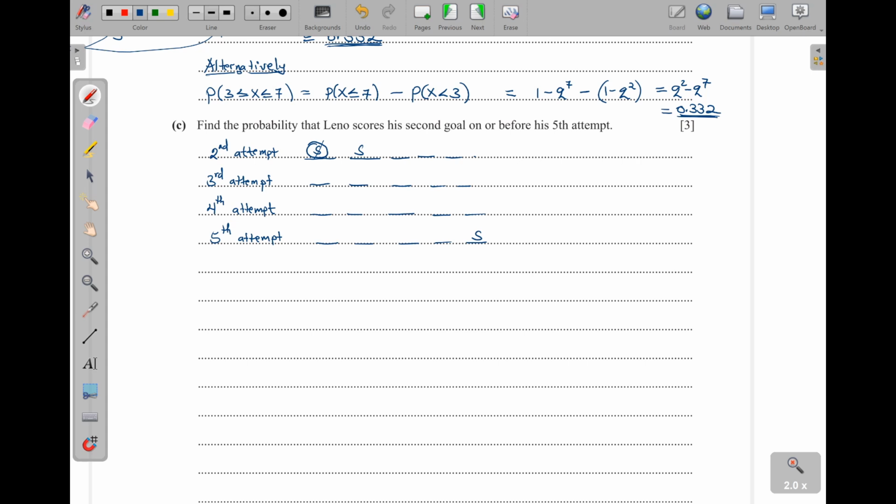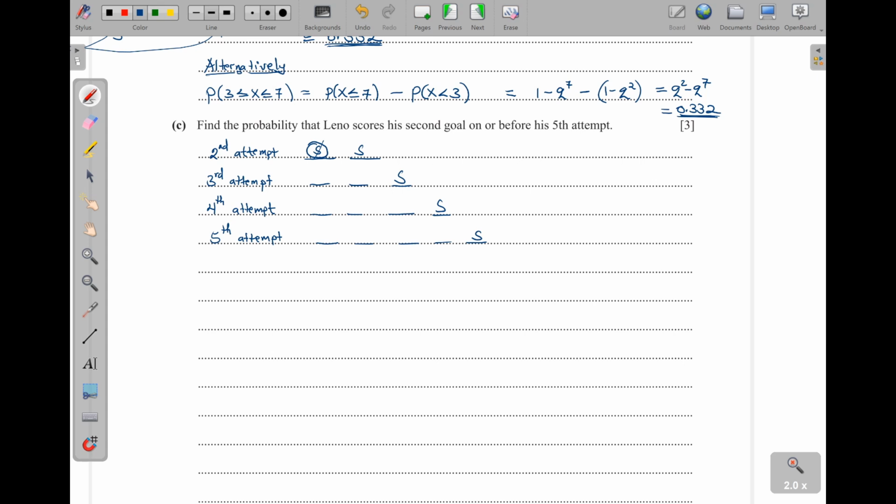So scored here, scored here, scored here. In fact, let me remove these ones because this is a geometric. When they score the second goal in the attempt, it is done. The goal is scored on the second attempt here. Then third, fourth, and then that. Now we are going to have on the first attempt here, that means the goal is scored.